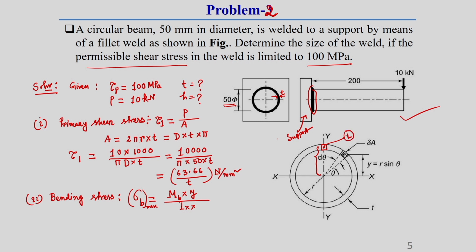In this L element we can get the maximum bending stress. What is the position of this element from the x axis? Let this be y. So, this y will be your diameter divided by 2, that means the radius of this shaft.